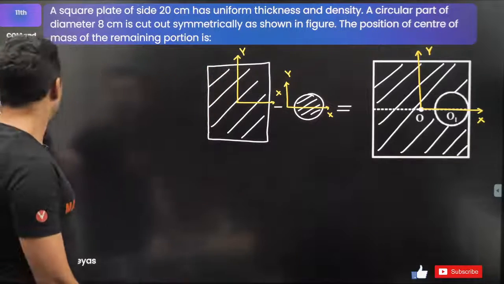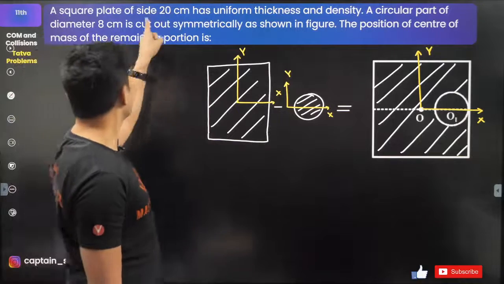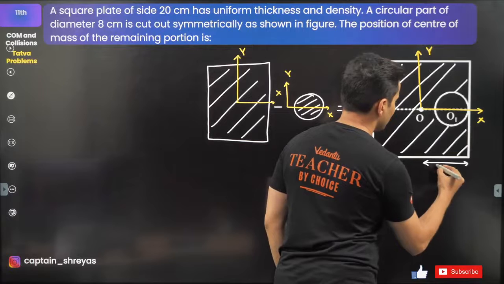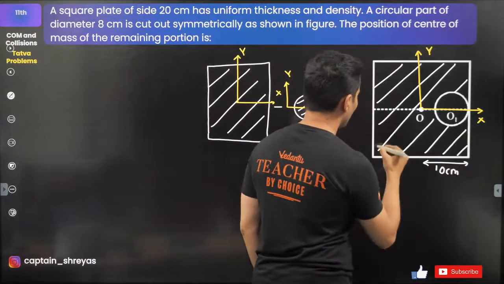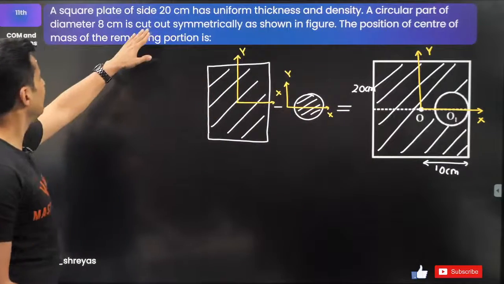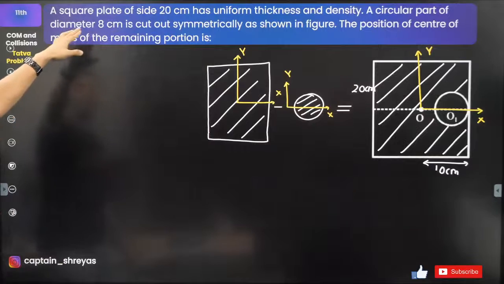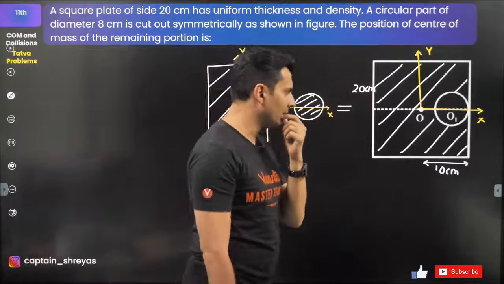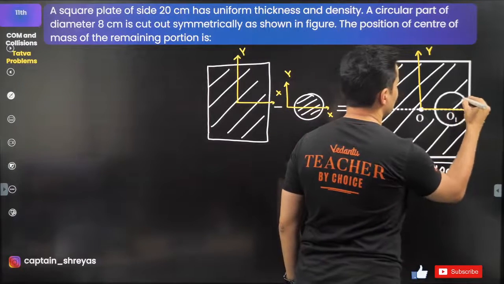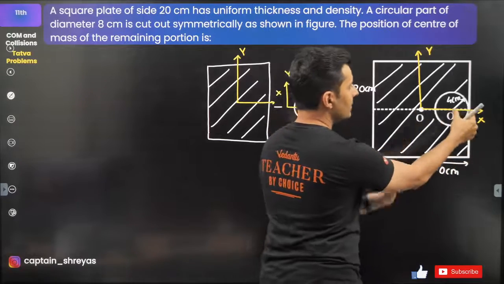That is not so difficult, because if you notice carefully, the side of the square is 20 centimeters. So this much distance is 10 centimeters. The radius of the circle is not given, diameter is given. Diameter is 8 centimeters, meaning the radius is 4 centimeters. So out of 10, this is 4.